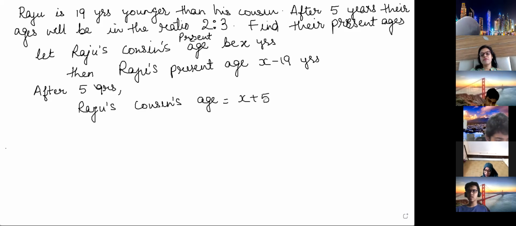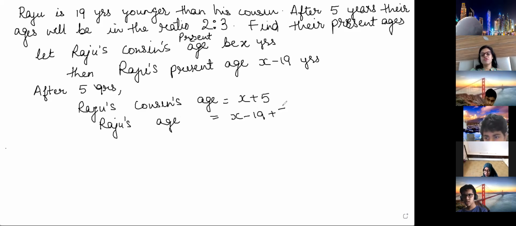And what is Raju's age after 5 years? x minus 19 plus 5. Minus 19 plus 5 is how much? 14. Yeah, so x minus 14 years.